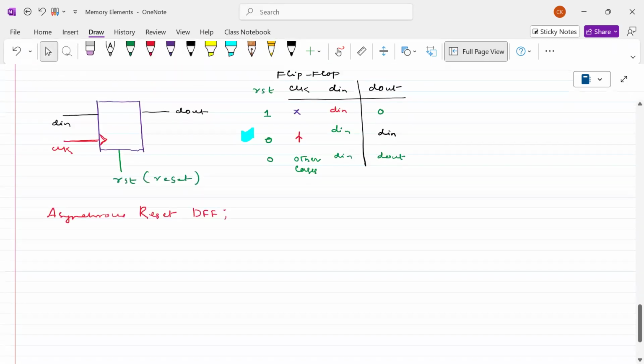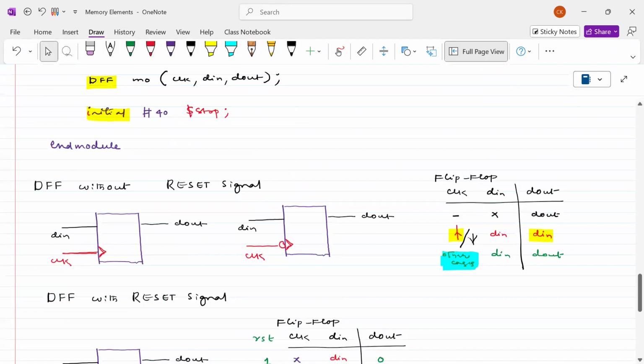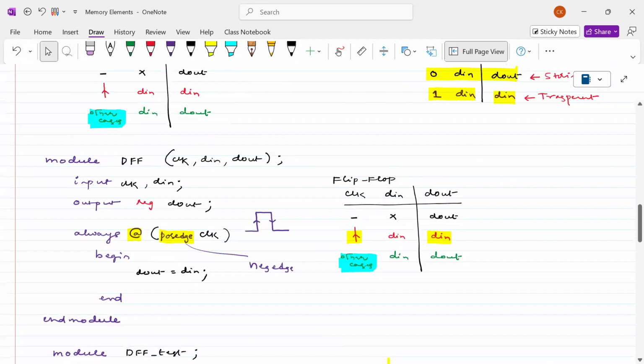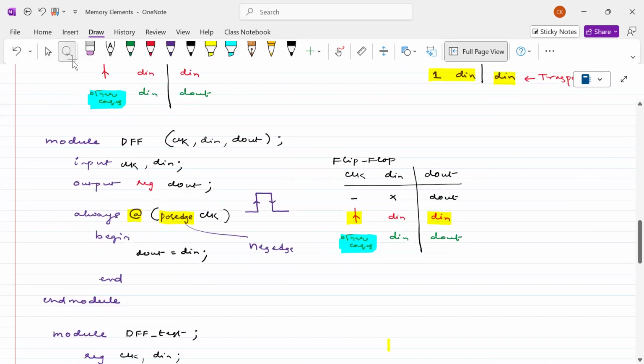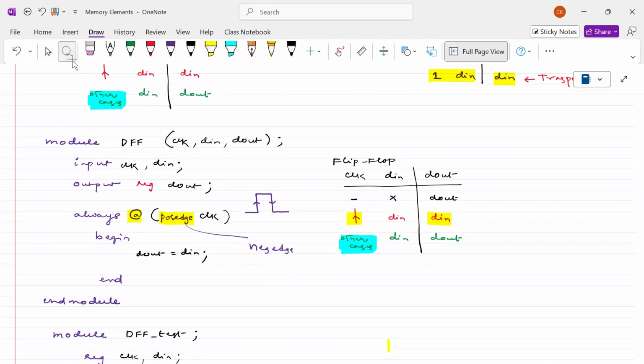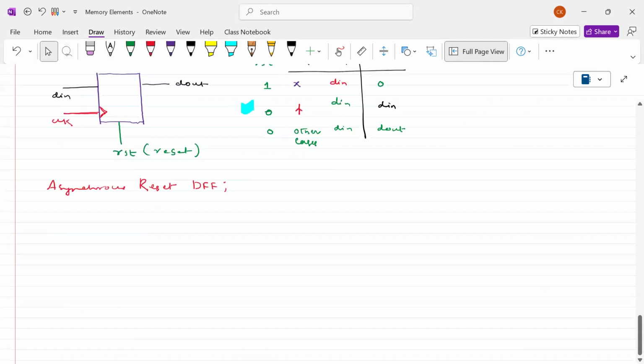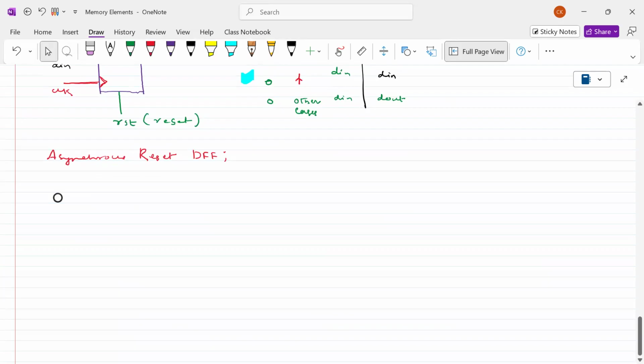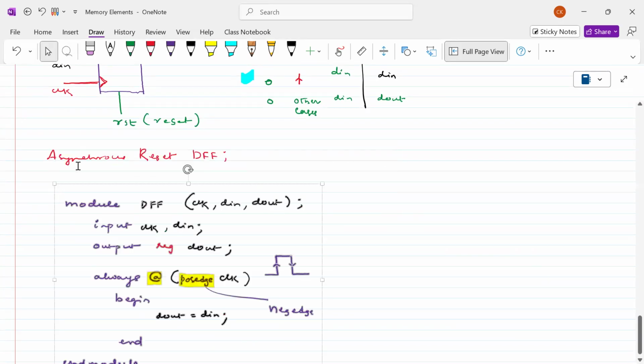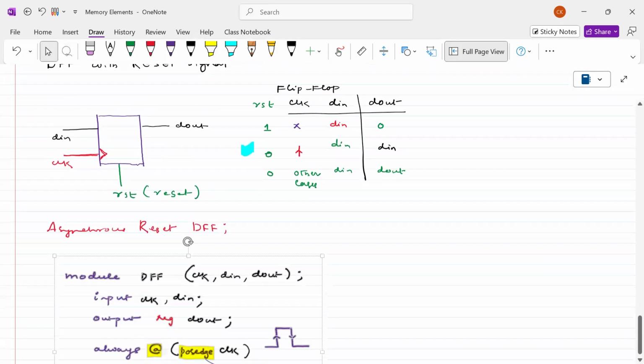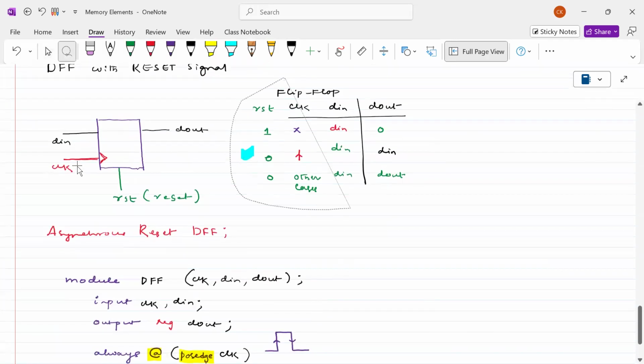So let us write this program. Okay, let me go and modify this program only. Then we will go and apply this concept on the waveform. Right. Let me copy this. Okay. Now again, I want to take this as one. Copy.